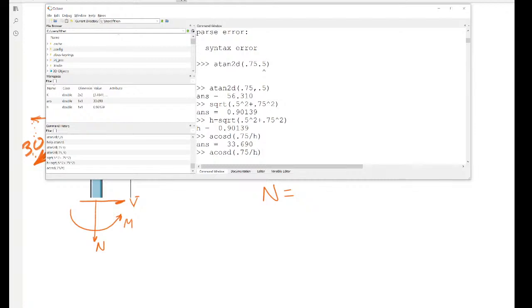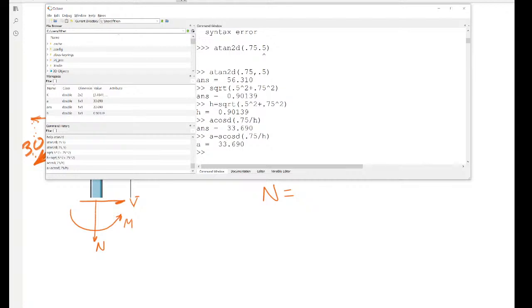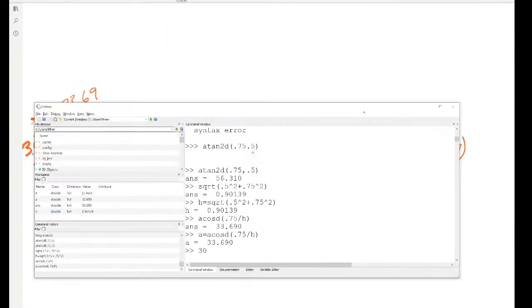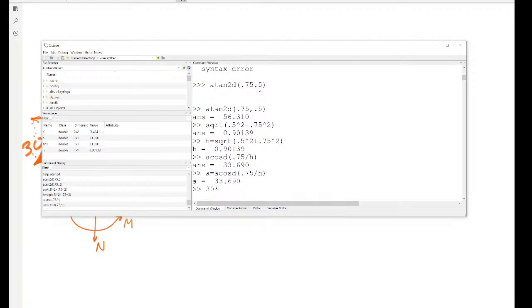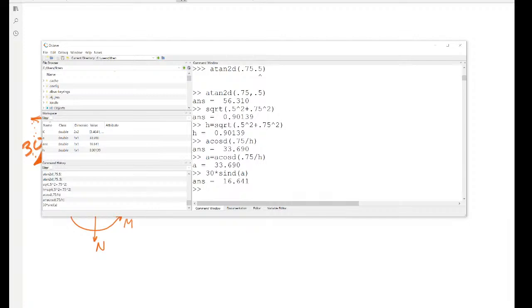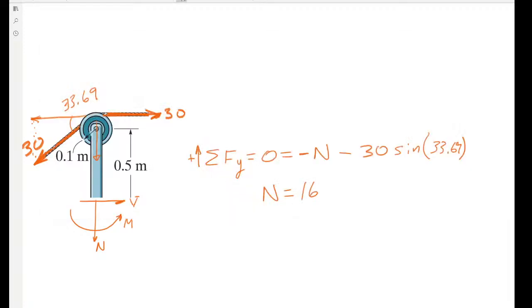Let's go ahead and just call that the A for angle. 30. Okay, I've already forgot. 30 times sine, 16.6 roughly.